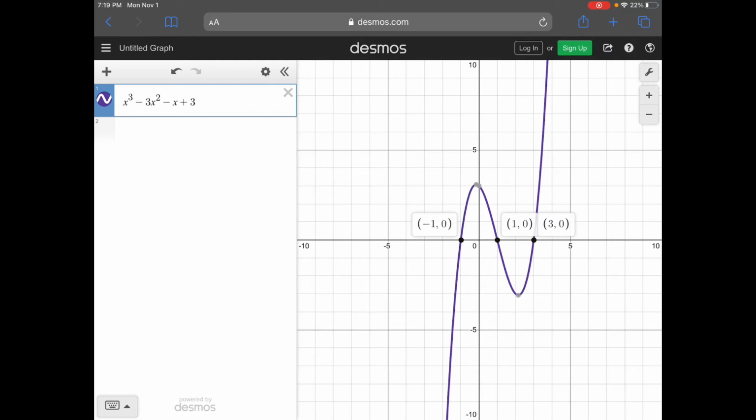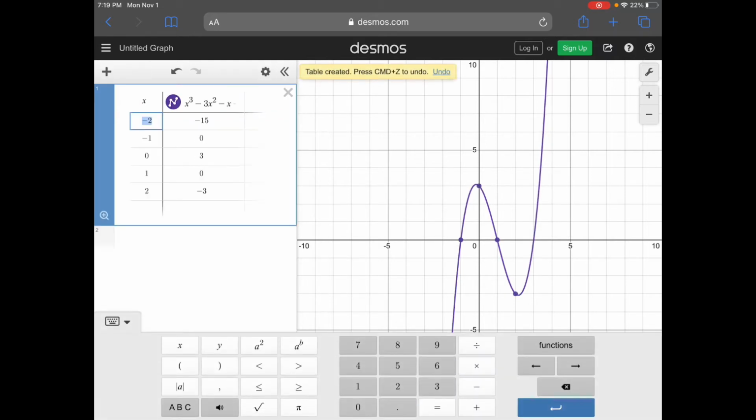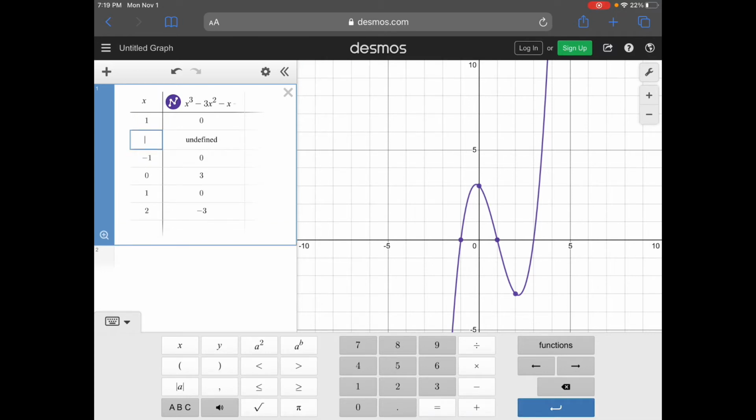Again, if you don't like doing it that way, you could look at your table. My zeros were +1, -1, 3, and -3. And I'll just delete these ones that are down here.